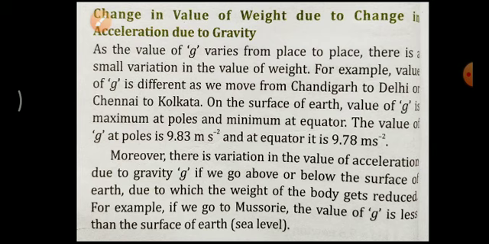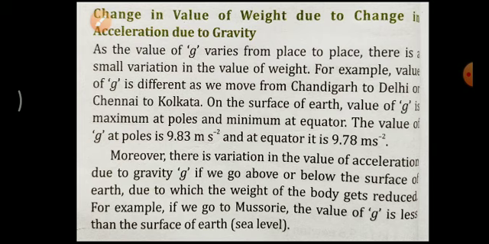See the differences in the value of g, because you know that the earth is not a perfectly spherical shape, it is like an orange shape. Because of that reason only, the value of g also varies from place to place. Accordingly, the weight of an object also varies from place to place.